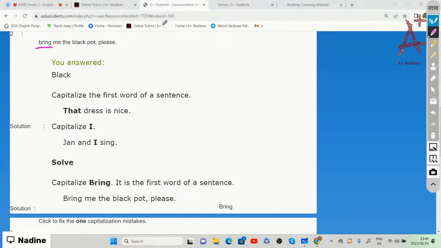So it's going to be capital letter B for bring, because that is the start of a sentence. So, "Bring me the black pot, please."